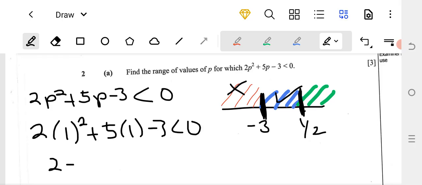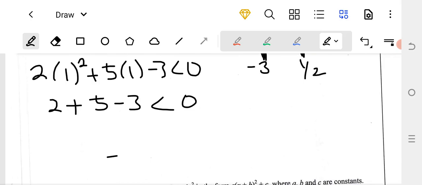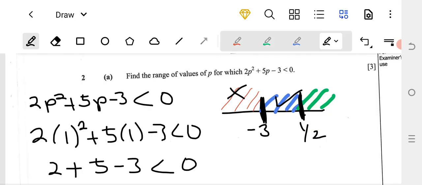So we're going to say 2 plus 5 minus 3 is less than 0. Then to continue, 2 plus 5 is 7 minus 3 is +4, is less than 0. Now, is this inequality correct? Does it satisfy? Or if you just think of it, is +4 less than 0? No. So that region does not satisfy this inequality, so it's also an X.